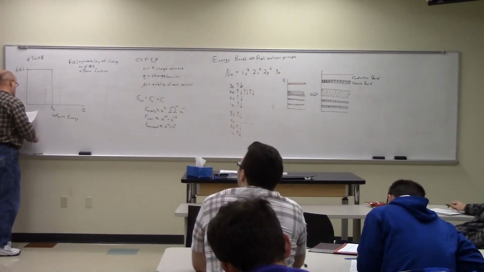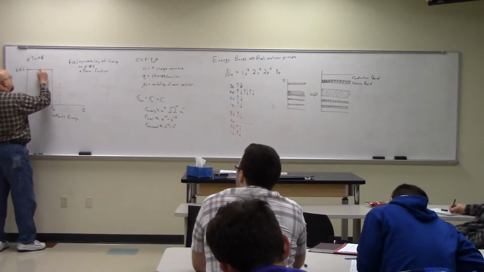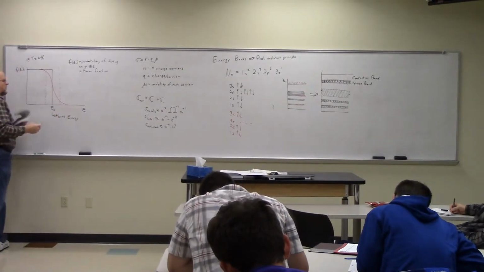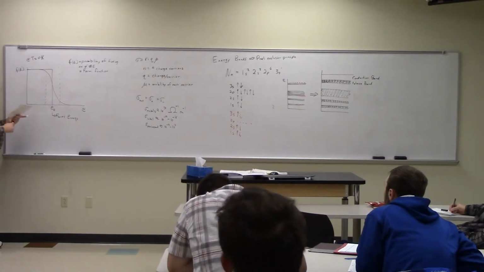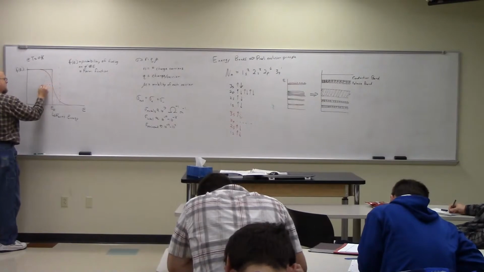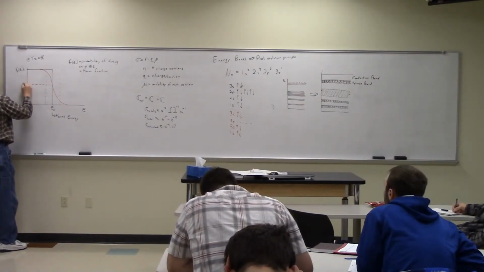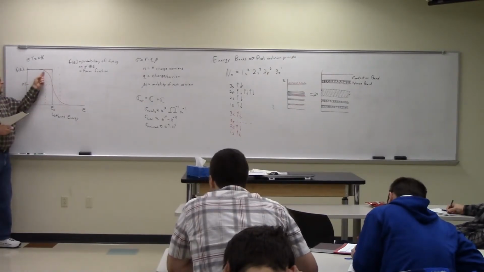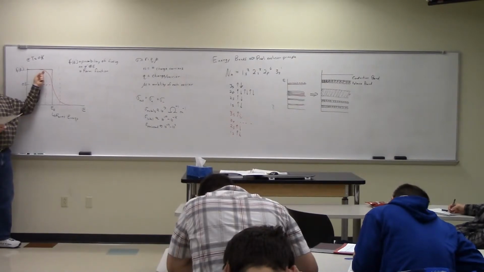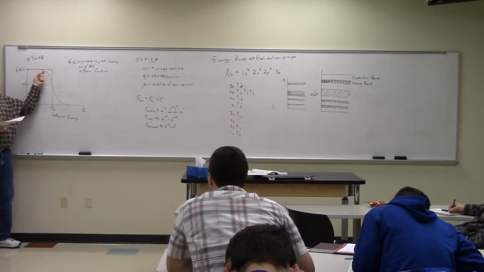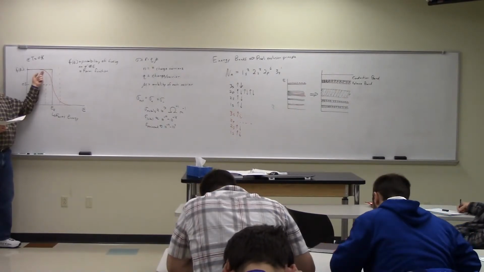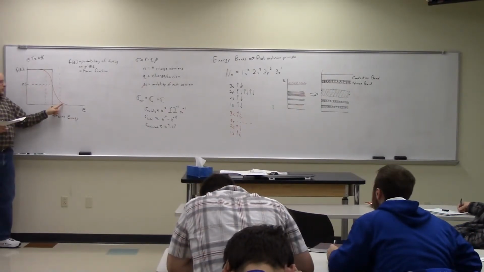At temperatures greater than 0 Kelvin, the Fermi function does that. So at temperatures greater than 0 Kelvin, there is a finite probability that there will be an electron out here.